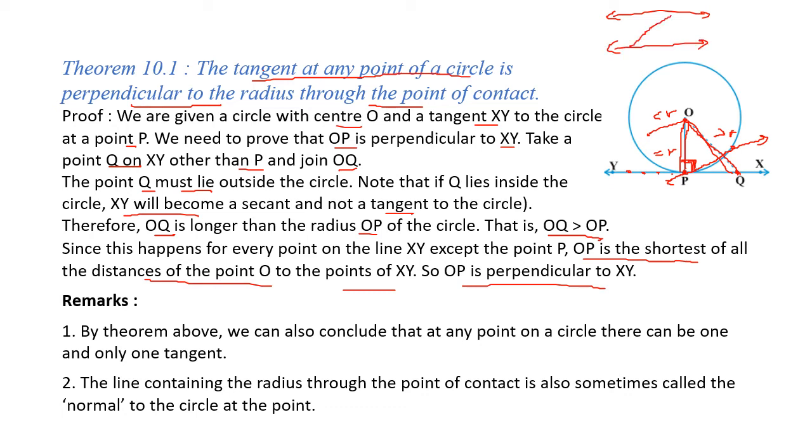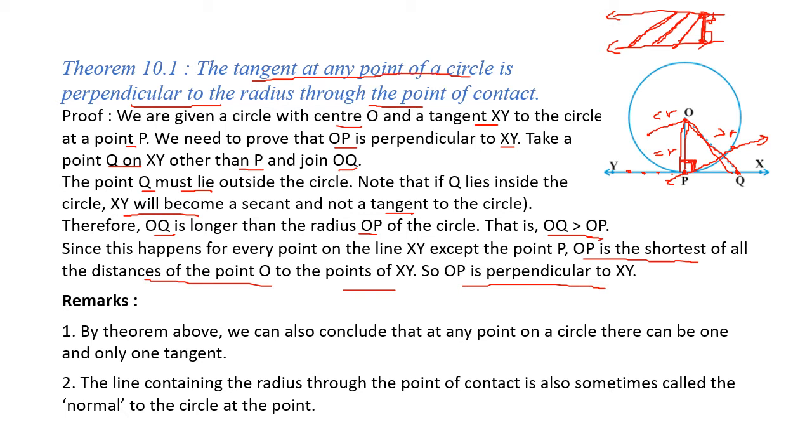Then I can take this distance, this distance, this distance, and this distance. What is the shortest distance? This is the shortest distance. Why? Because it is perpendicular to both the lines. All these distances which are not perpendicular are greater. The shortest distance is the perpendicular distance. So, because OP is the shortest of all, OP has to be perpendicular.